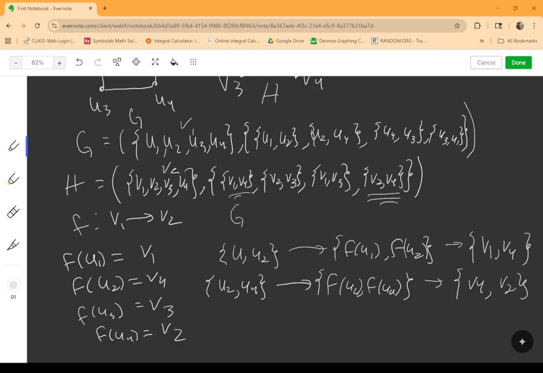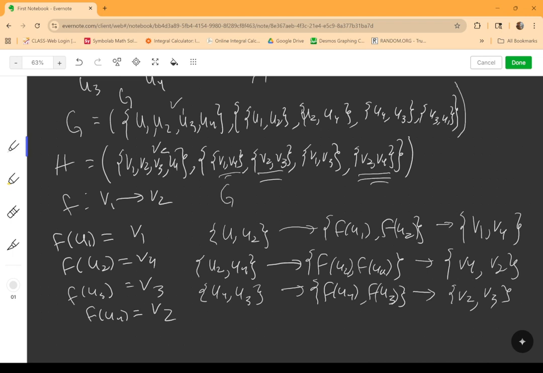Okay, and then the next edge going along here, we got U4, U3. So F of U4, F of U3. F of U4 we defined to be V2 and F of U3 to be V3. And we see that edge is also there as well. So far so good. And then lastly, we have U3, U1.